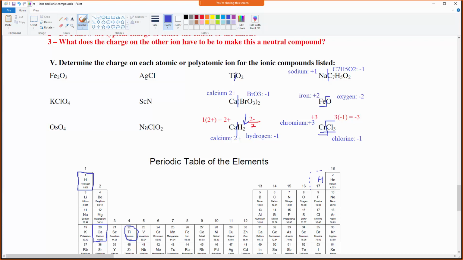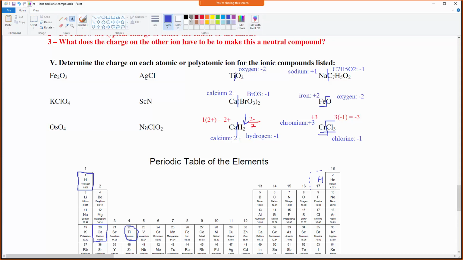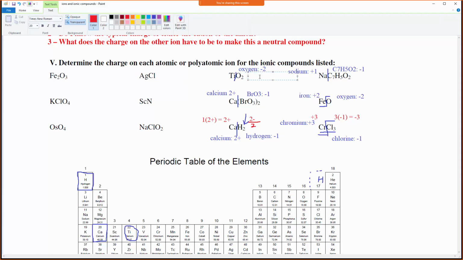Oxygen is the anion, and each oxygen has a charge of -2, and there are 2 of them, which means that 2 oxygen ions multiplied by a -2 charge is going to give you an overall charge contribution of -4. That's what has to be canceled out over here. So here we have an overall charge contribution of +4.